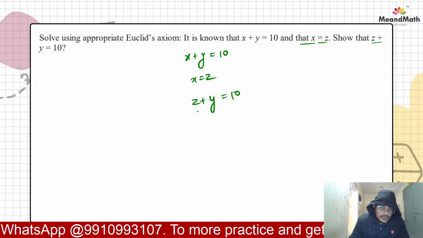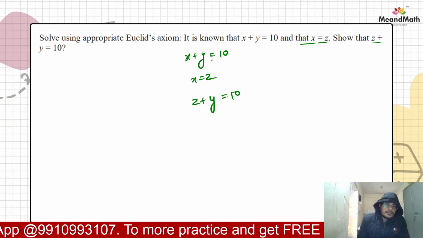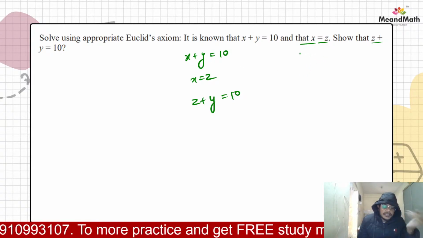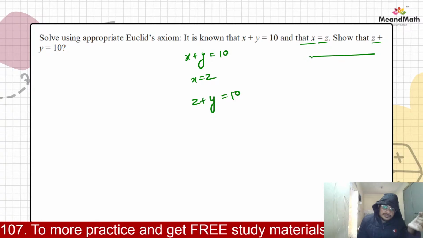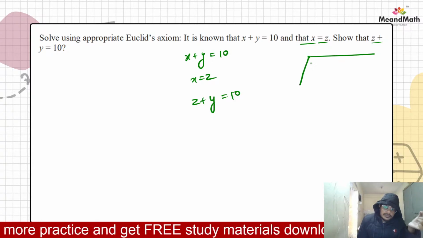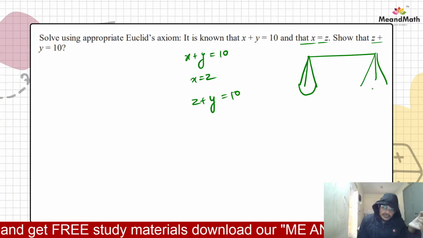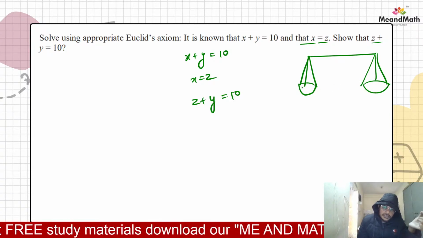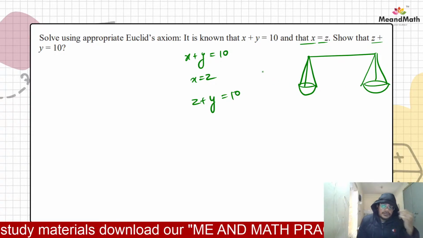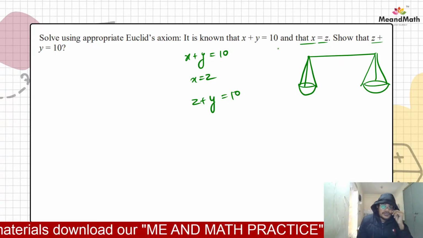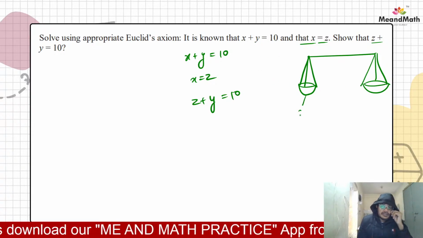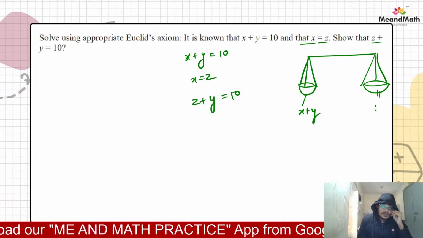First of all, again take the example of a weight scale. This is a weight scale, and here is again a weight scale. Understand this question like this. If this is x plus y, then this should be equal to 10.